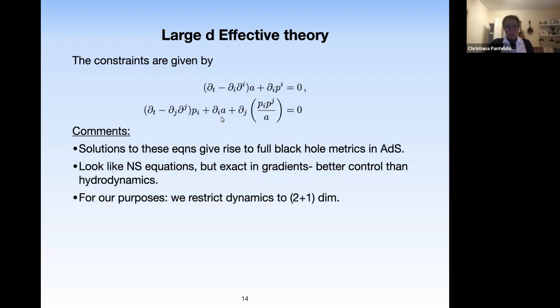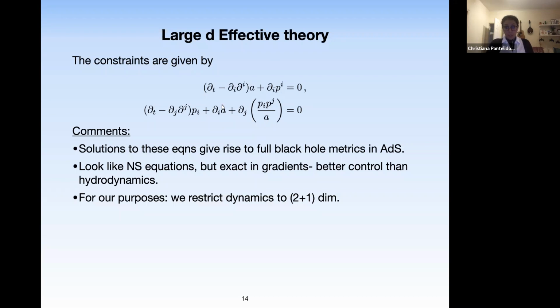The other comment that I referred to earlier when I was talking to Sasso: these equations look very much like Navier-Stokes, and in particular incompressible Navier-Stokes equations, but they are not exactly the same in the sense that these equations are exact in gradients.